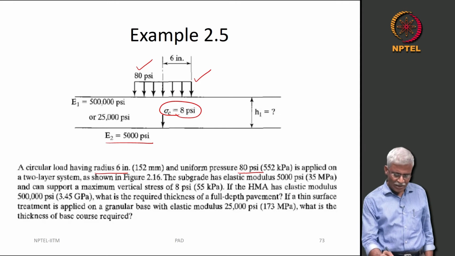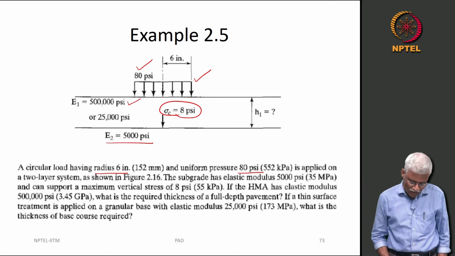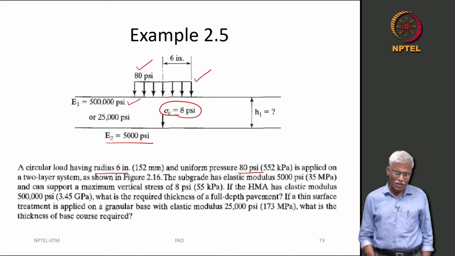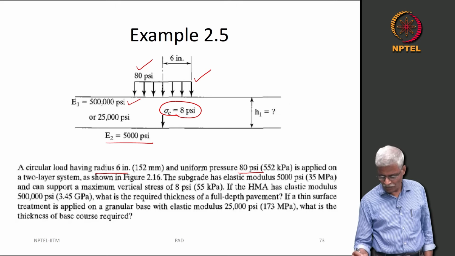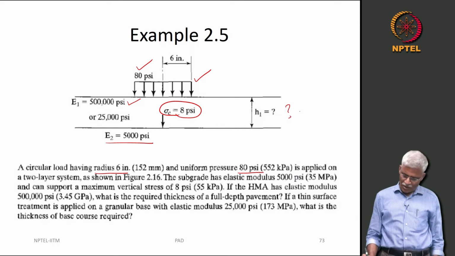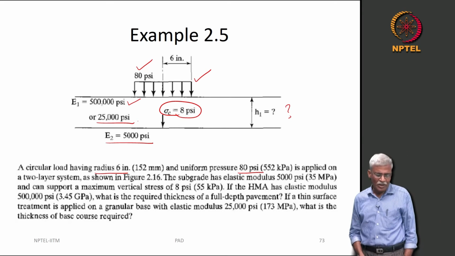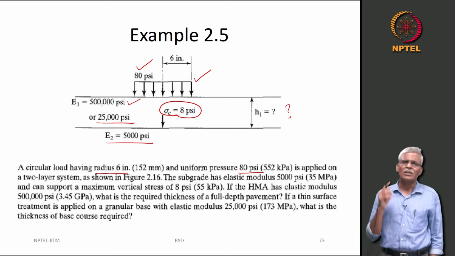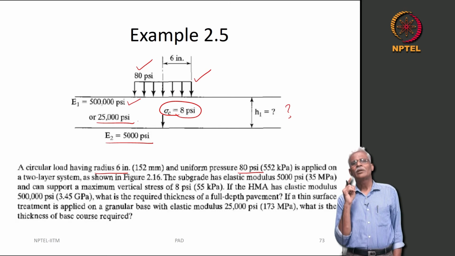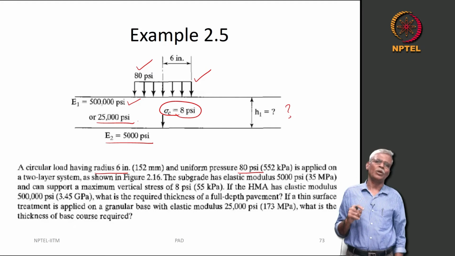If the HMA has an elastic modulus of 500,000 psi, what is the required thickness? If a thin surface treatment with an elastic modulus of 25,000 psi, what is the thickness that is needed? In fact, this is the problem that I was motivating you with in the last few classes.